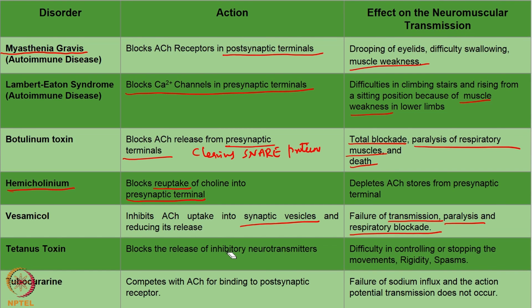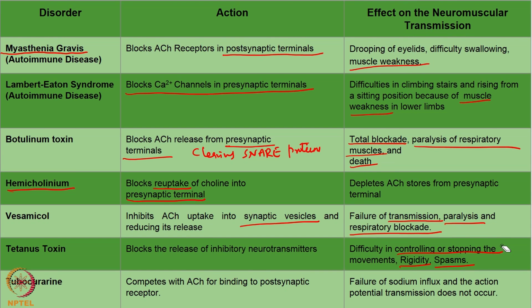The effect of acetylcholine is excitatory on the postsynaptic terminal, on the muscle, until a hyperpolarization arrives, or an inhibitory neurotransmitter, basically GABA or others, arrives. Tetanospasmin blocks the release of these inhibitory neurotransmitters, leading to spasm, unwanted movements, rigidity, and difficulty in stopping the movements.